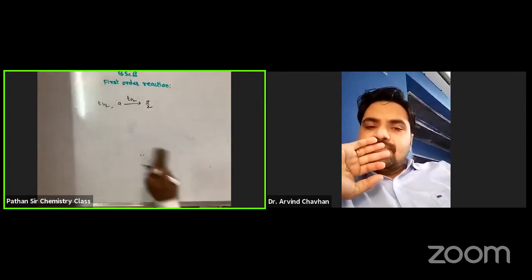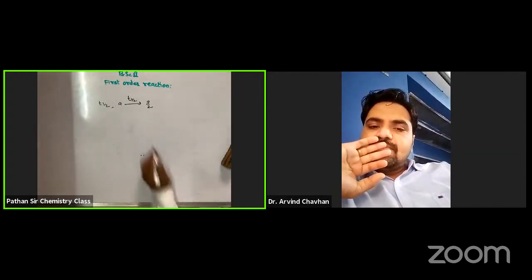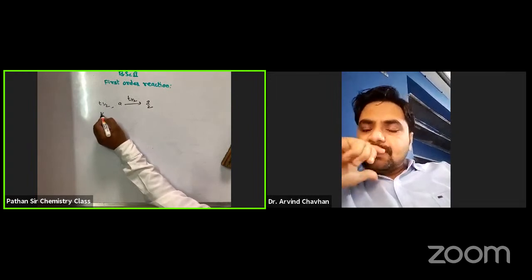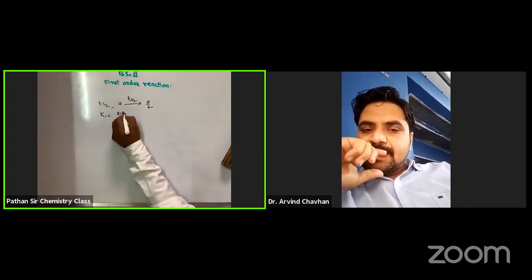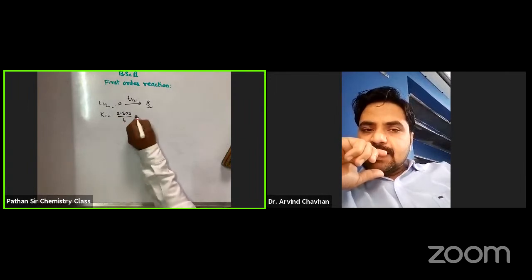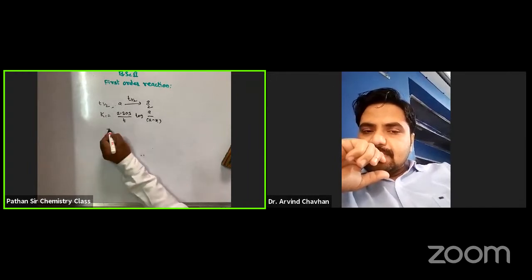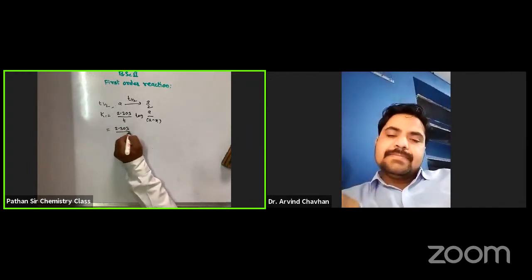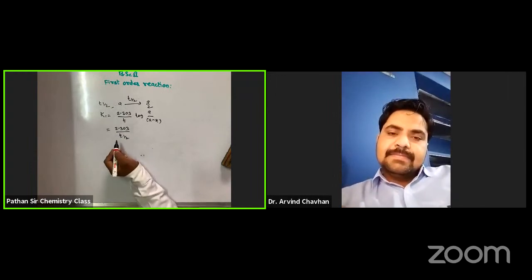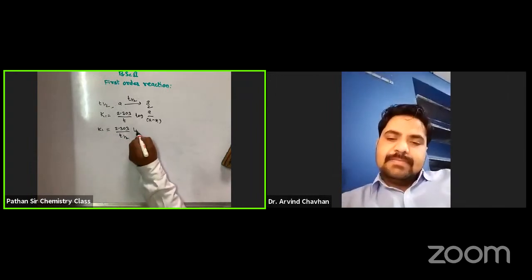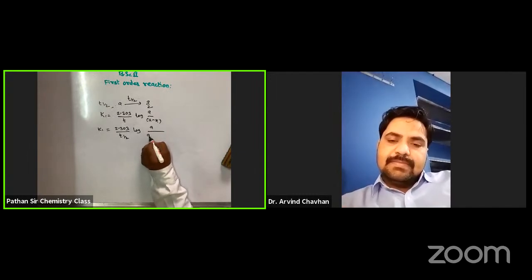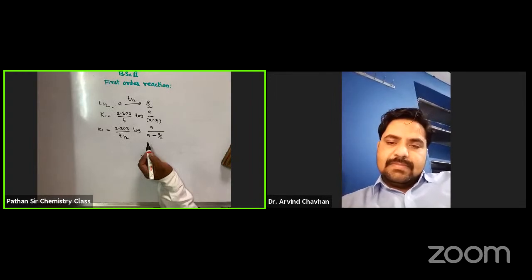See, so K1 is equals to 2.303 divided by T into log of A divided by A minus x. Okay, it is 2.303 divided by T, which is T half, log as it is, A as it is, and x is half, A by 2.